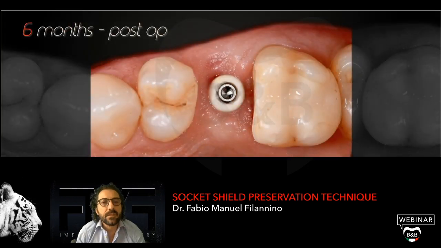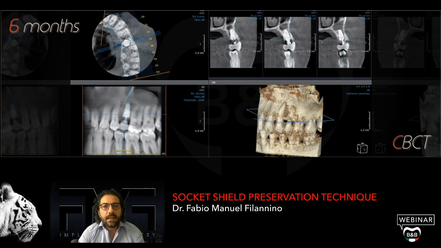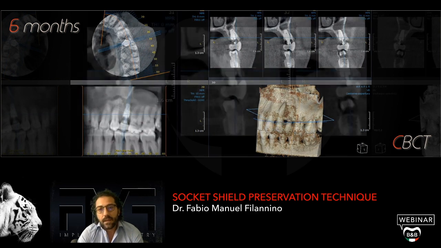After 6 months, this is the situation after the removal of the Maryland bridge, and this is the CBCT that I wanted to do because I wanted to be sure that this time the bone formation went in a good way.